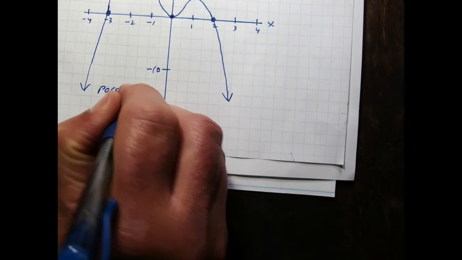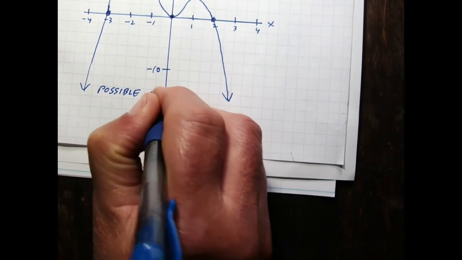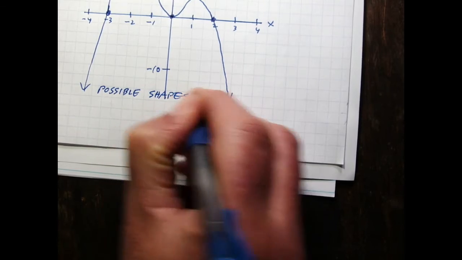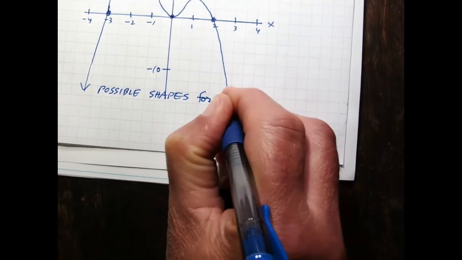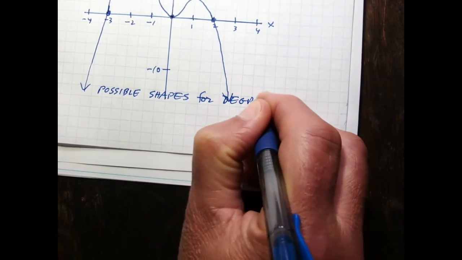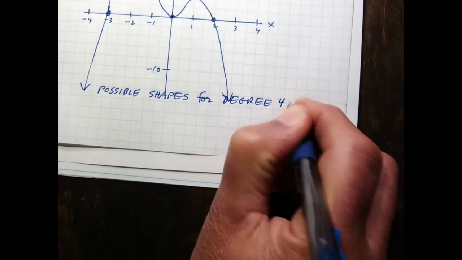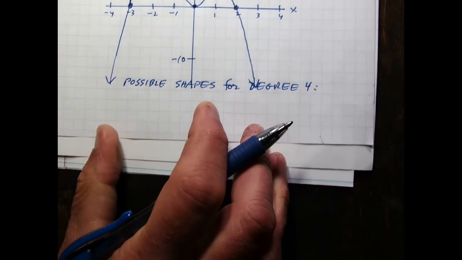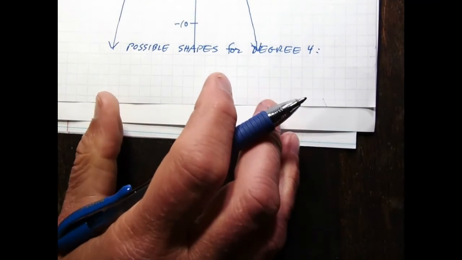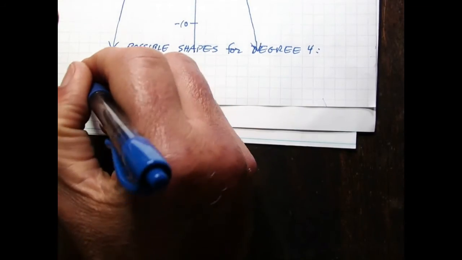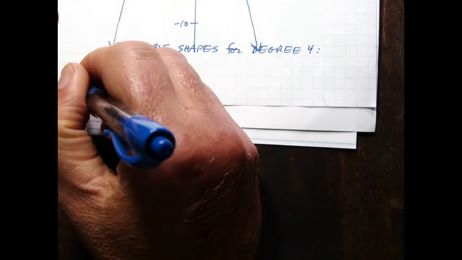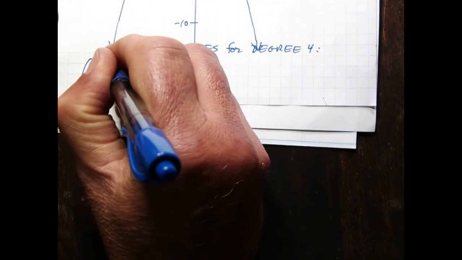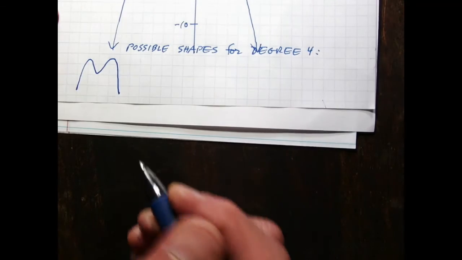Possible shapes for degree 4. Now we haven't investigated all of these, but I just want to be able to sum this up before we go to more general statements in a minute. So kind of the shape we have here is like up, down, like that.